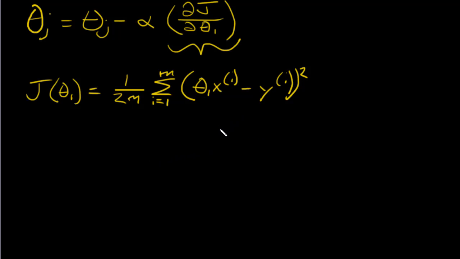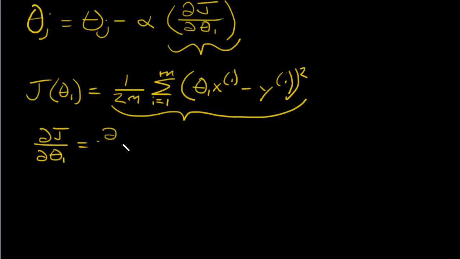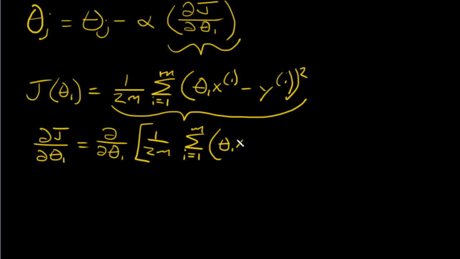Okay? So we're going to start off taking the derivative of this expression right here. And first off, I'm going to set it up like this. Partial of J with respect to theta 1. I'm really doing the partial with respect to theta 1 of the whole thing, but the 1 over 2m and the i equals 1 to m portion are not affected by the derivative since they do not contain any of the theta 1 variables.